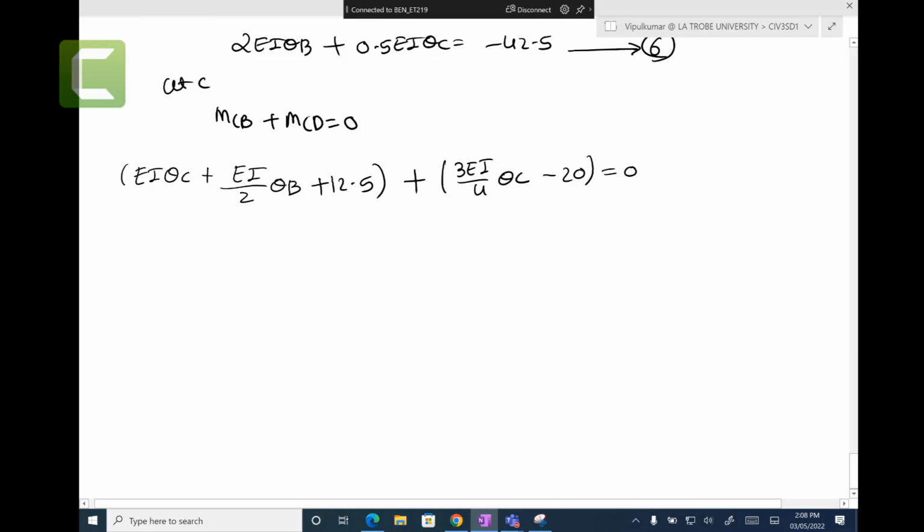So 0.75 plus 1 gives 1.75 EI theta C. So 0.5 EI theta B plus 1.75 EI theta C, and then 12.5 minus 20 gives minus 7.5, so on the right positive 7.5, equation number 7.